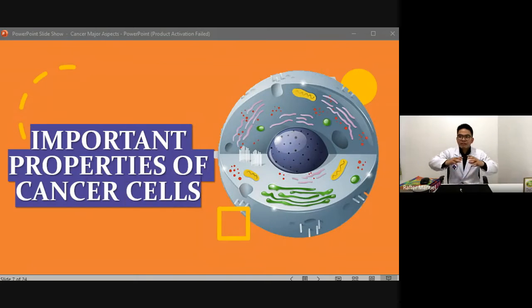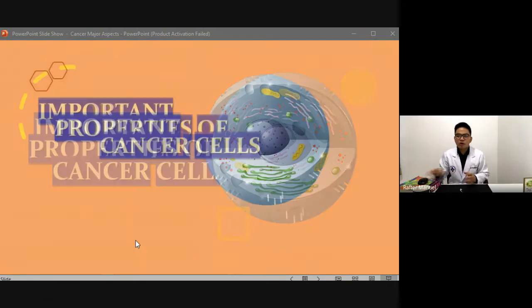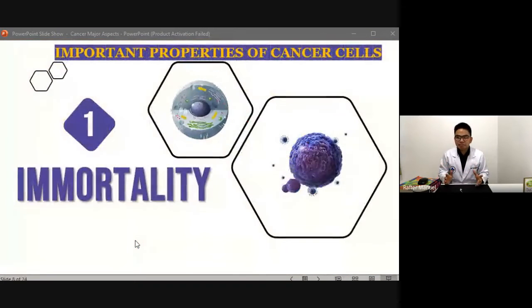And so they have their own advantages. If they have these certain cancer cell properties, it is an advantage for them, but it is a disadvantage on our part. So the very first important property of cancer cells is what we call immortality.